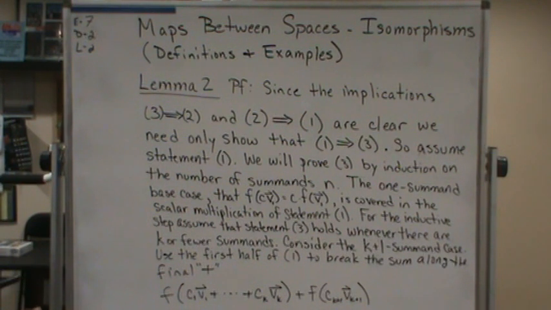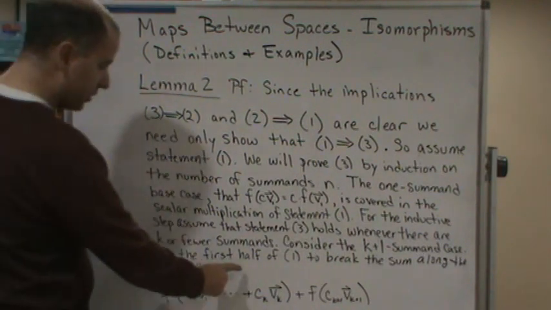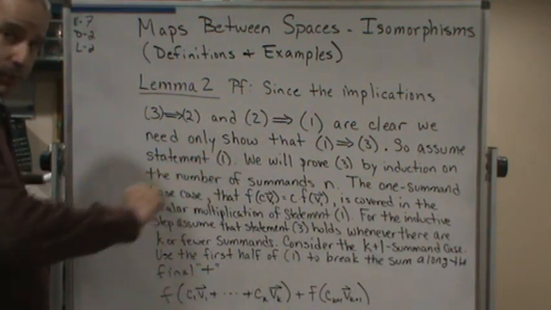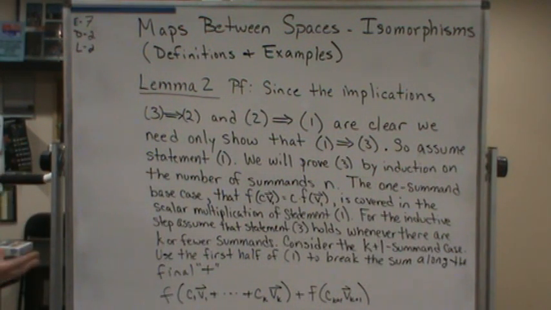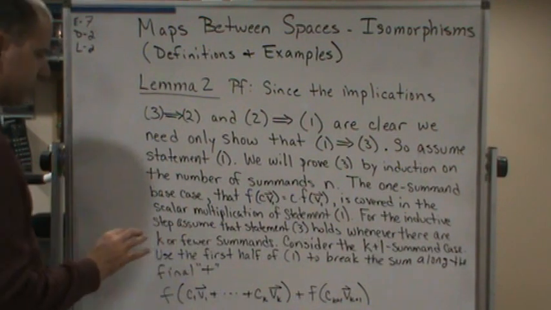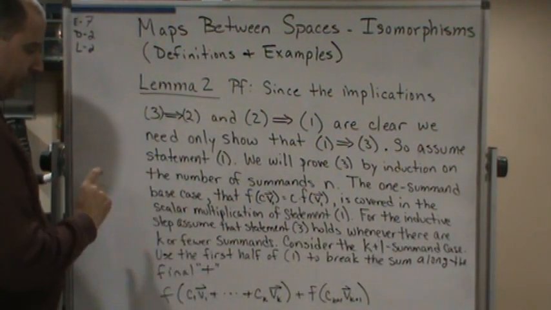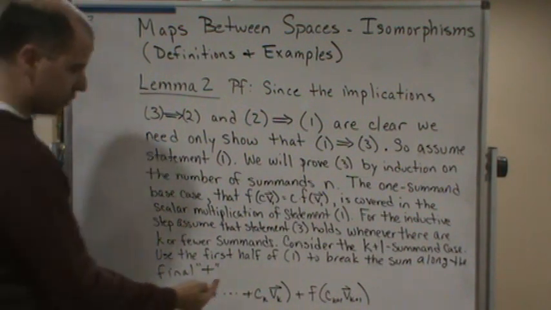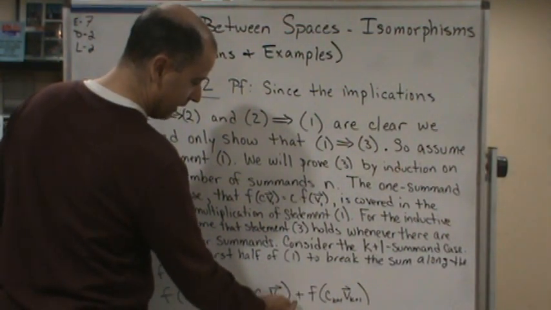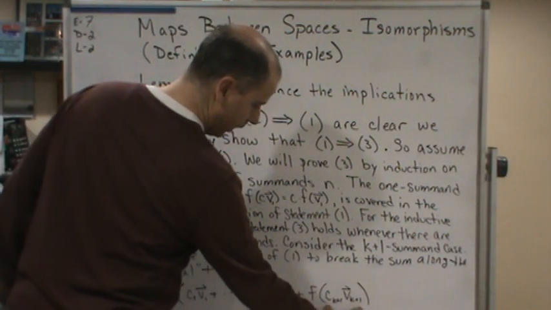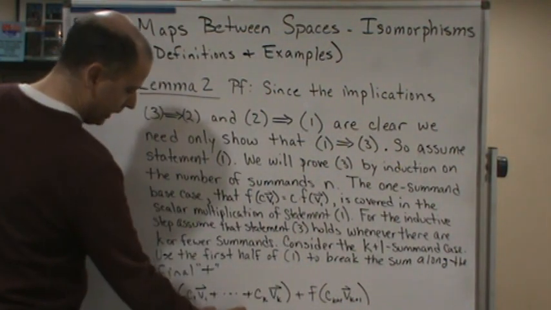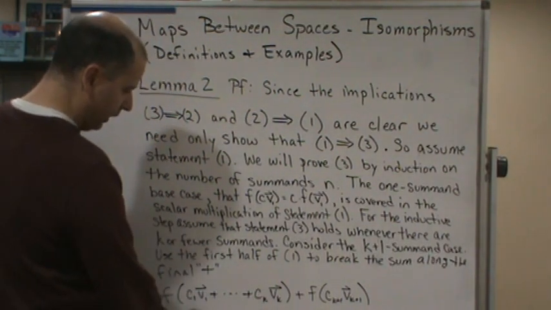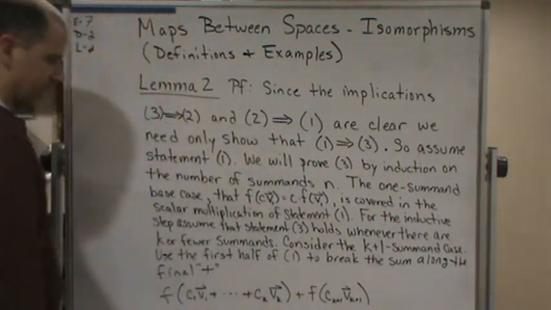We use the first half of statement 1, which says that you can break up across the plus signs. We break this linear combination of k plus 1 vectors into 2 pieces, at the final plus sign, so that the k plus 1 term is here and the rest is here. We apply statement 1 at this point.